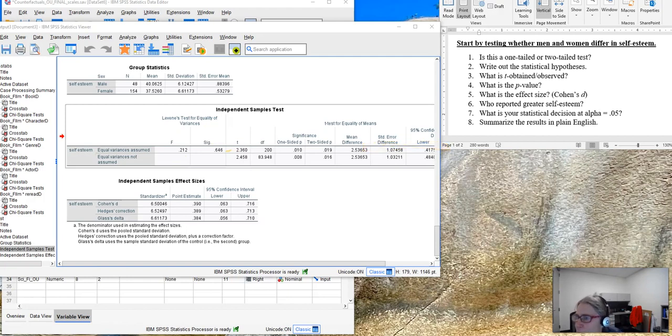Okay, so let's go over and look at our questions here. First, what is t obtained, observed? That is this value right here. T equals 2.36. What is the p-value? Here it's a non-directional two-sided test. It's 0.019.